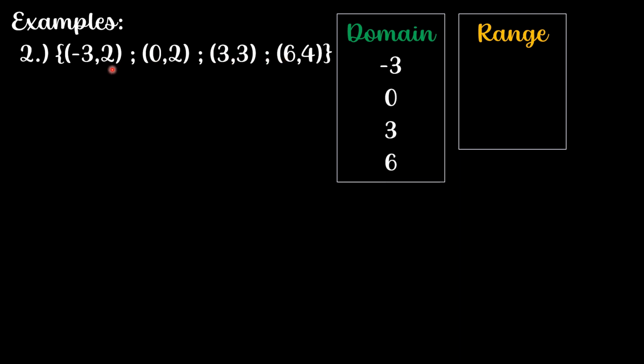While our range are positive 2. Next is positive 2 again, so no need to write that again. Next is positive 3 and positive 4. Now let's pair this. Our domain negative 3 is paired to 2. 0 is paired to positive 2 again. 3 is paired to positive 3 and 6 is paired to positive 4.